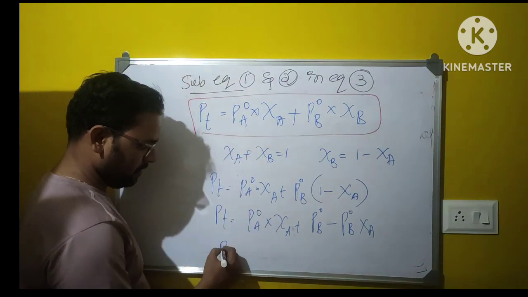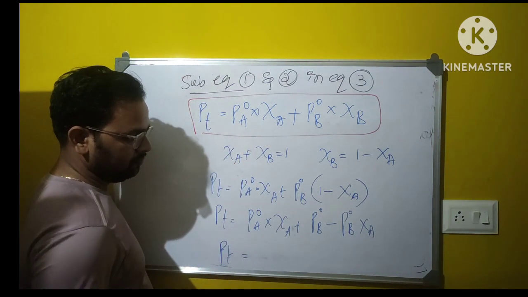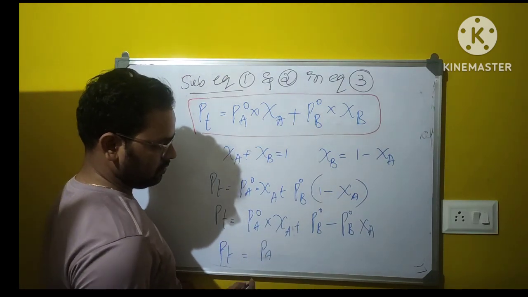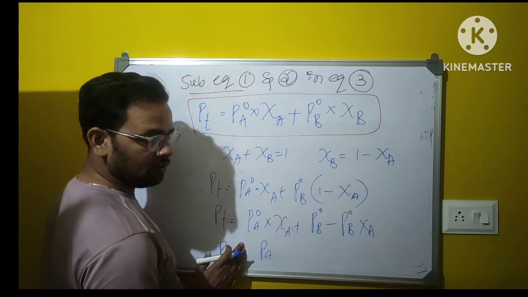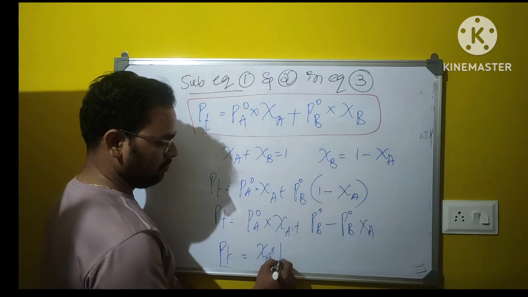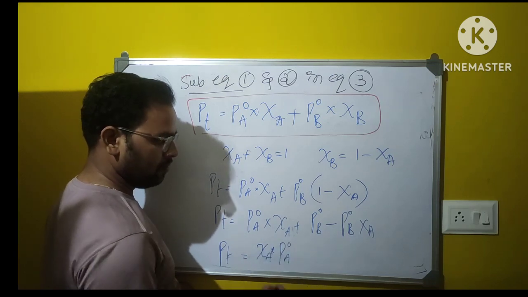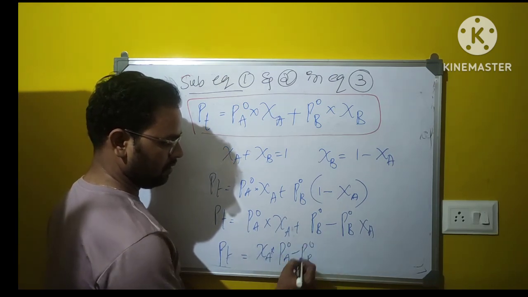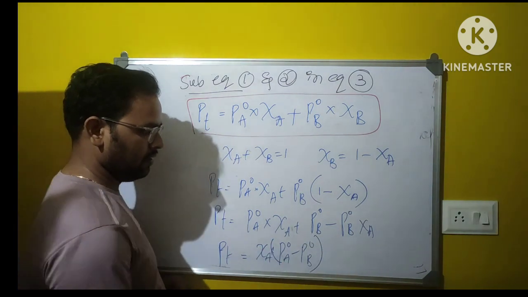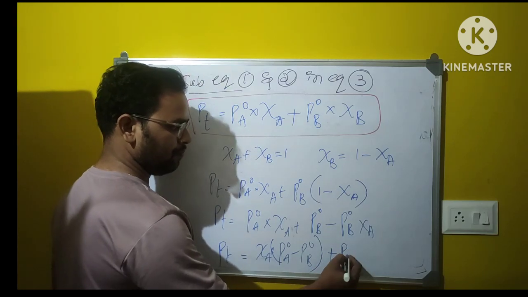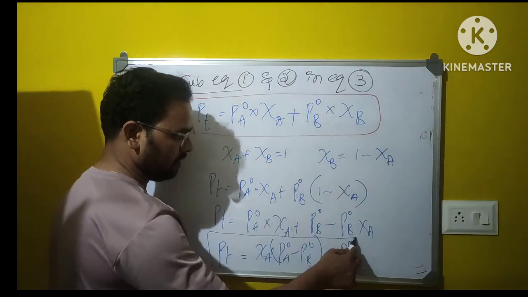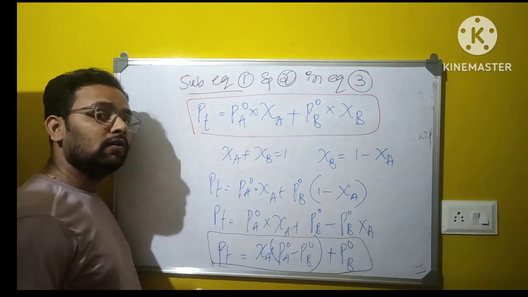Now take Xa separate: Pt is equal to Xa into Pa naught minus Pb naught, plus Pb naught. This is also another final mathematical expression of Raoult's law.